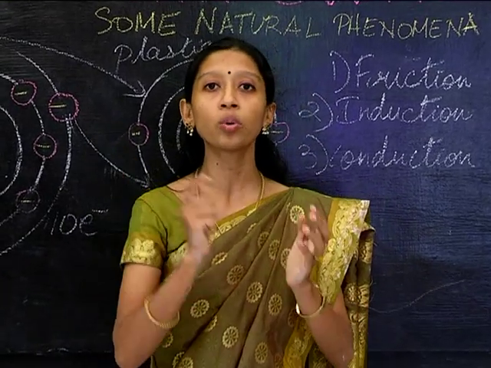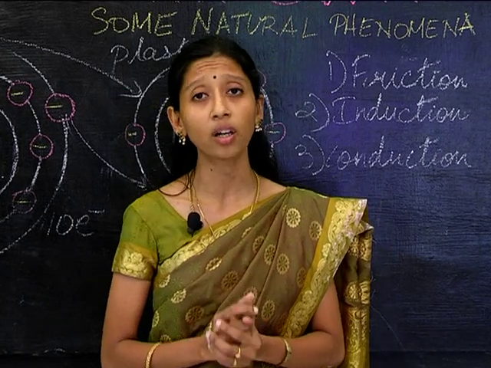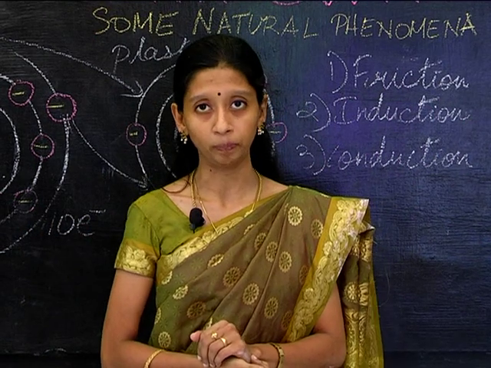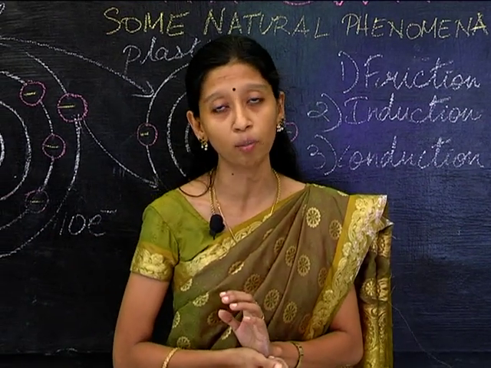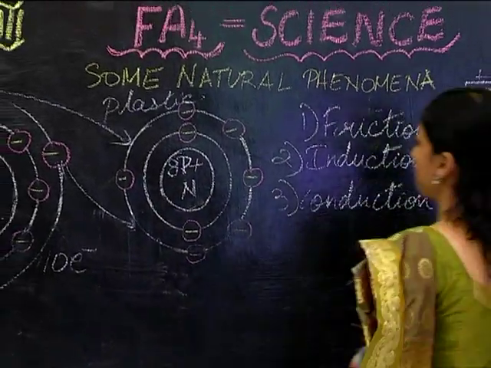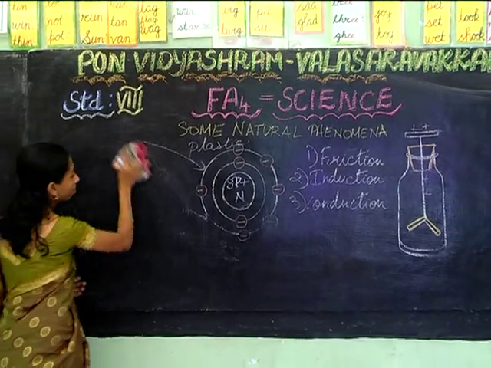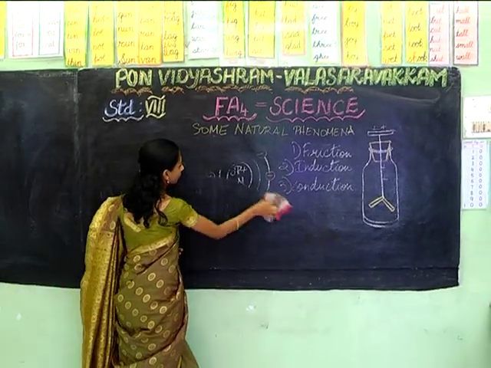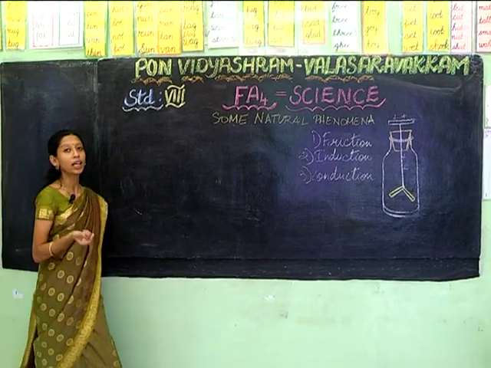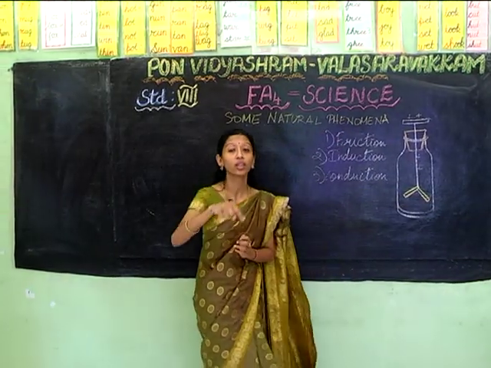So when two clouds rub against each other, or when the clouds and the winds rub against each other, a lot of charges get accumulated in the atmosphere. When a lot of charges get accumulated in the atmosphere, it induces opposite charge on the earth.